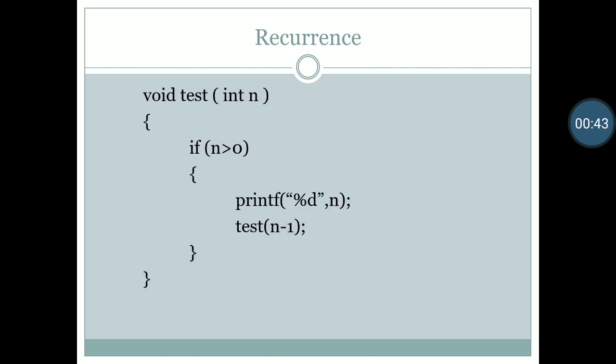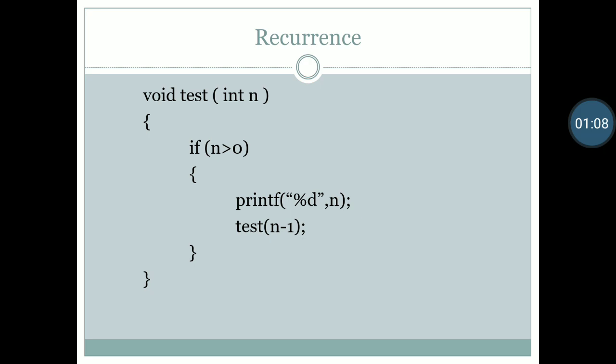If we have this type of function, say our function is test and we are passing n into it. In that we have a conditional statement, if. There we are checking whether n is greater than 0 or not.